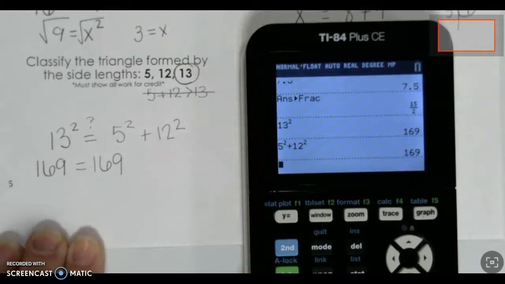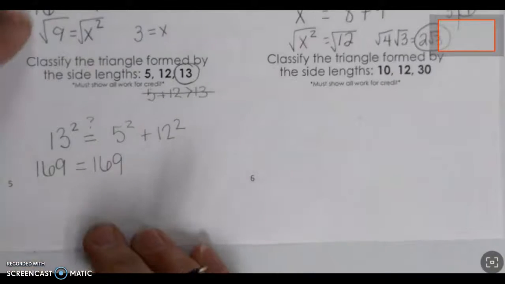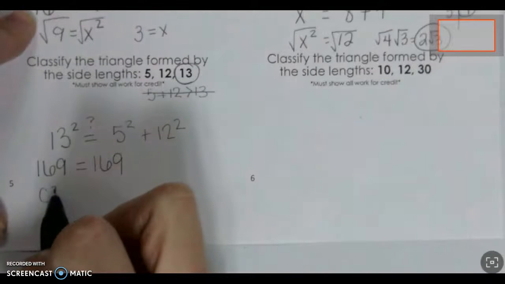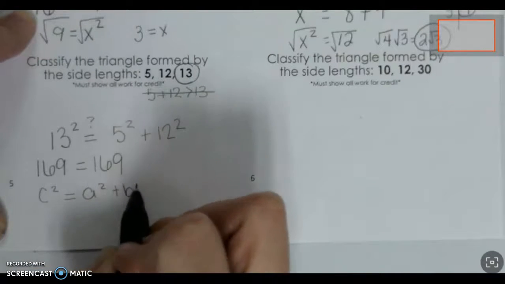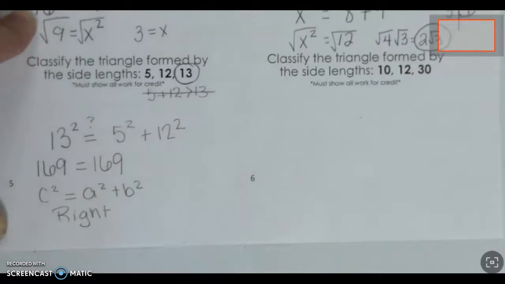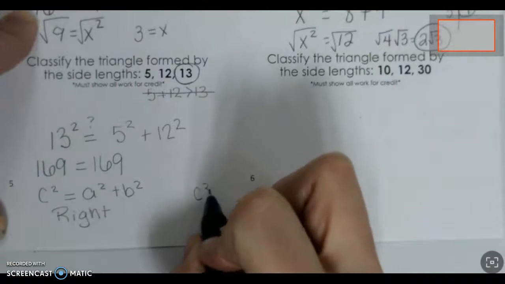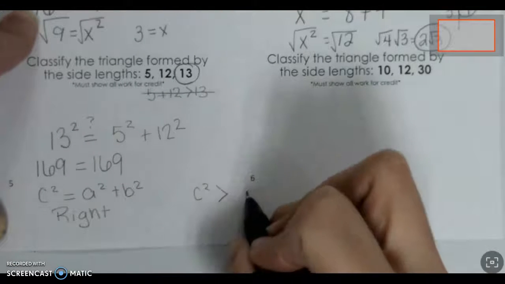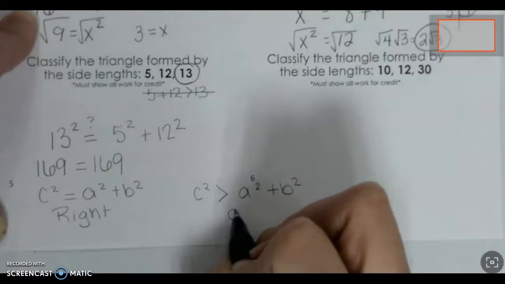Okay, we wrote down yesterday these 3 things. Yesterday we wrote down if c squared is equal to a squared plus b squared, that is a right triangle. Okay, so this one is a right triangle. We also wrote down, if you want to have it here so you don't have to look back in your notes, if c squared is bigger than a squared plus b squared, that triangle is obtuse.